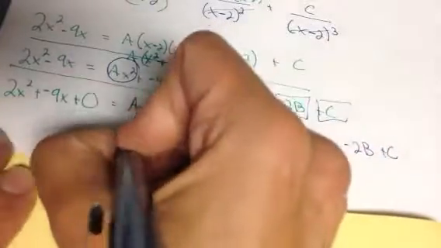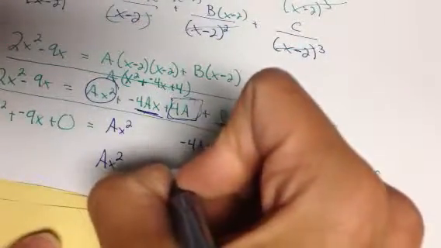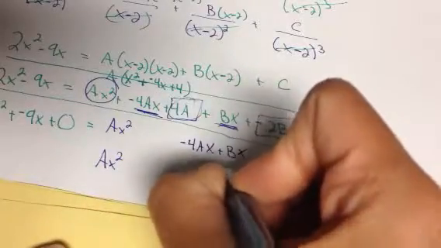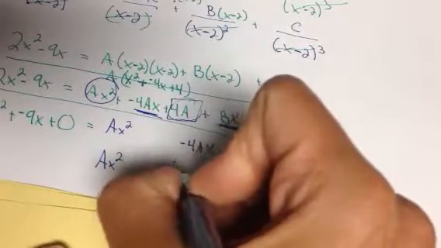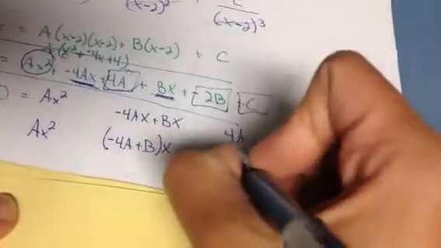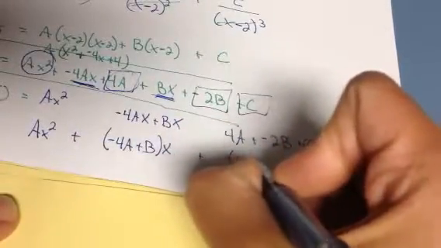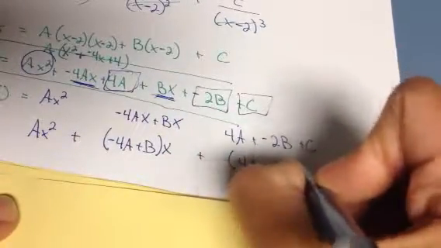So here's her ax squared, and then she goes to this one, so I'm going to rewrite ax squared, and she factors an x out, and so I'm going to put the x behind. And when you do that, you get negative 4a plus b. And then, again, this is just the constant here, because there's nothing I can factor out of that.